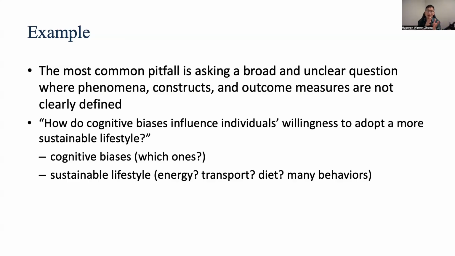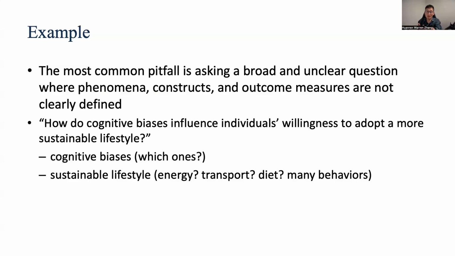So for example, how do cognitive biases? Well, cognitive biases include so many things. As we have discussed, there are more than 200 documented cognitive bias. What do you mean? Do you want to plan to investigate all of them? That is not feasible for a term paper, right?